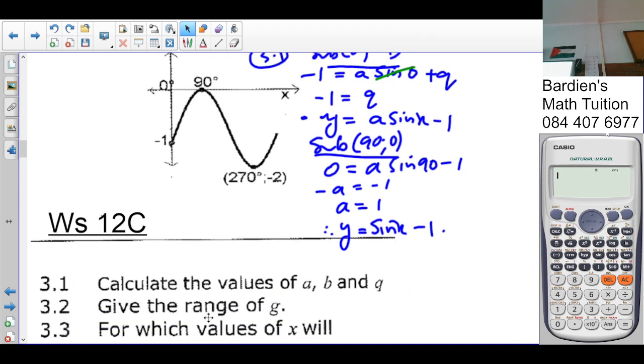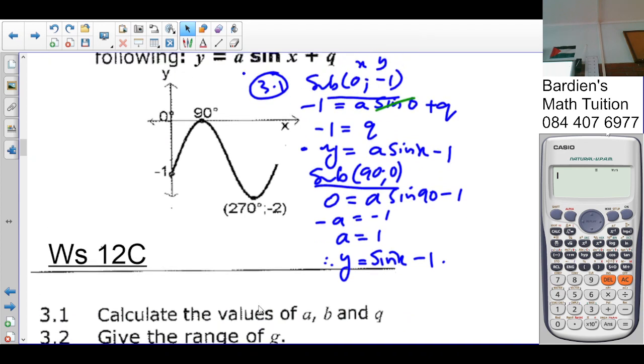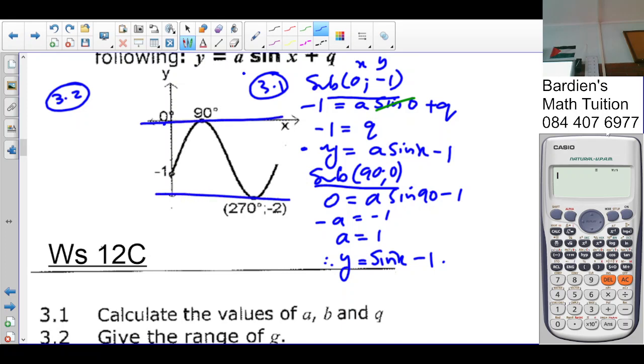Okay, give the range of g. People, what is the range? Range is all possible y values. So where does this graph start existing at? Negative 2, and it goes all the way to 0. So that's the range of the graph. So in other words, y must be greater than negative 2, but they said 0. Does the graph exist at negative 2?